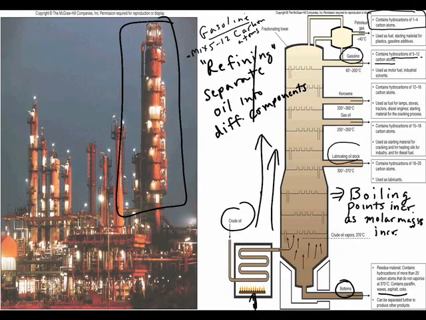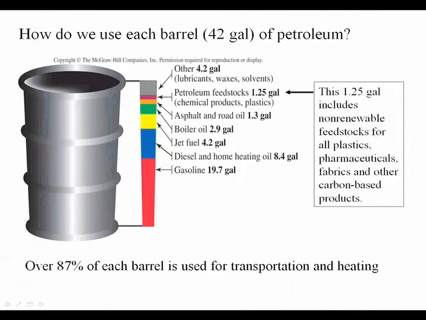Something that's more viscous, as you might imagine, these kerosene, lubricating oil, they've got much higher molar masses or molecular weights, if you will, and they come off. They need much higher temperatures to keep them as gases. So from 1 barrel of crude oil, we maximize the amount of gasoline.